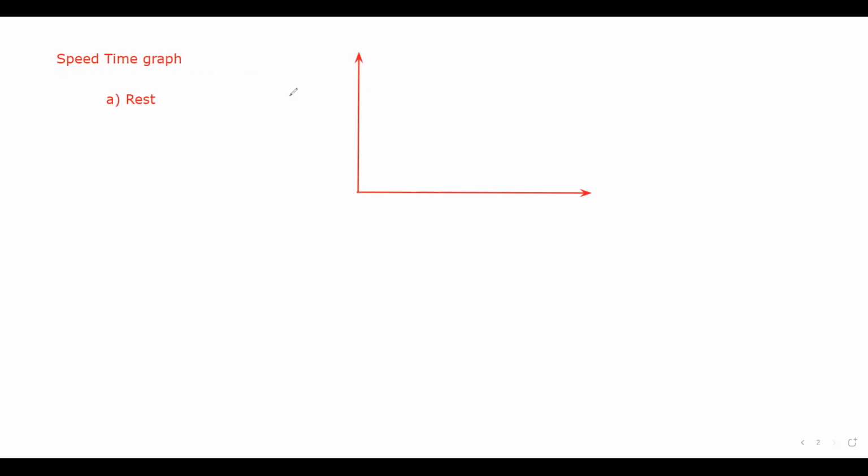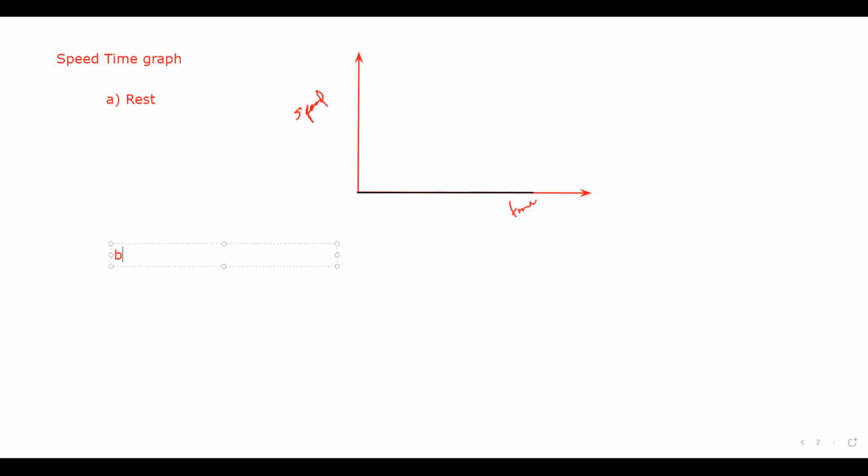Because when an object is stationary, it means its speed is 0. So how do we represent the speed being 0? We draw a horizontal line on the x-axis which shows that this object is stationary or not moving.